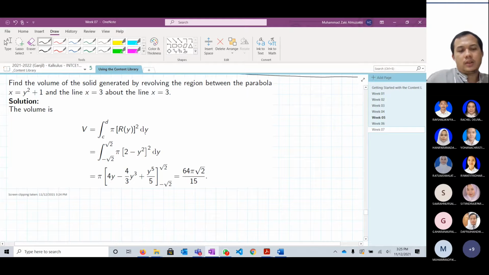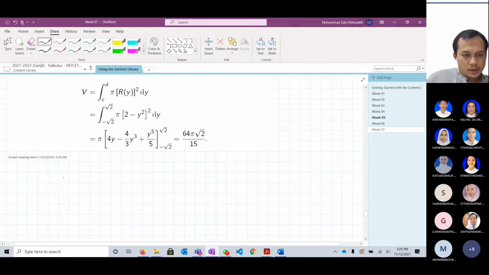For this one, we draw x equals y squared plus 1.